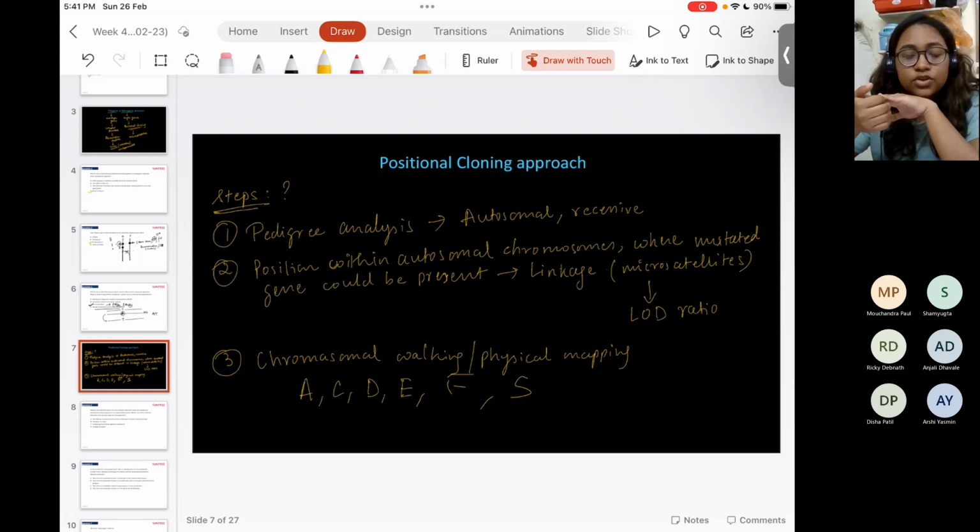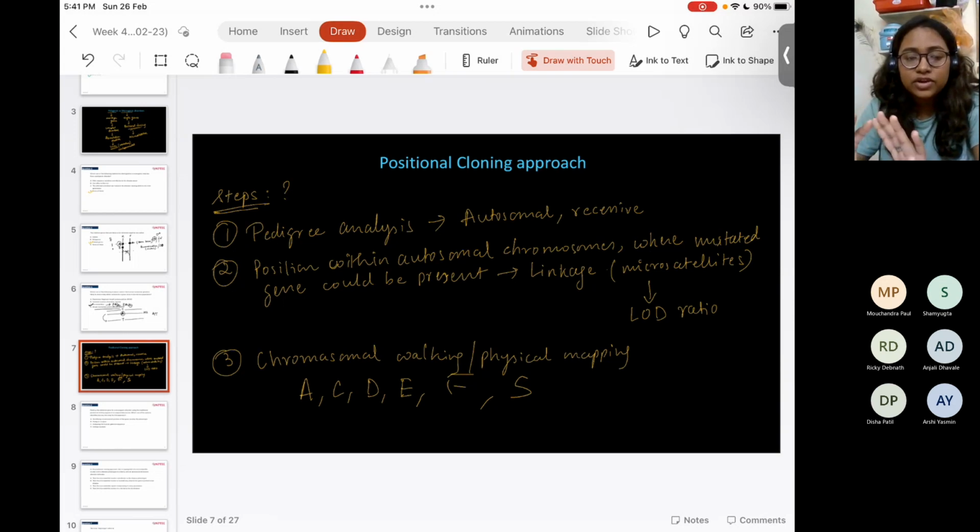For doing that, you will be using a genomic library, which is basically just the fragments of the genome, and within the fragments you will locate the position of each of these markers like A, C, D, E, F, and then you make a sequence. Okay, so this will become more clear when we do a word problem.